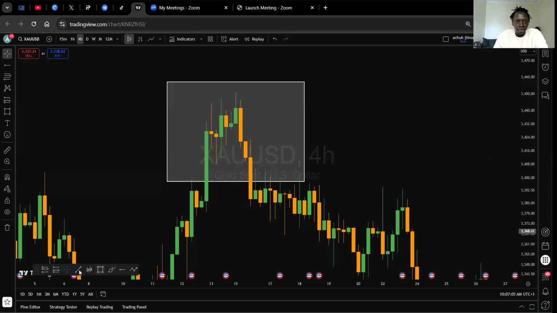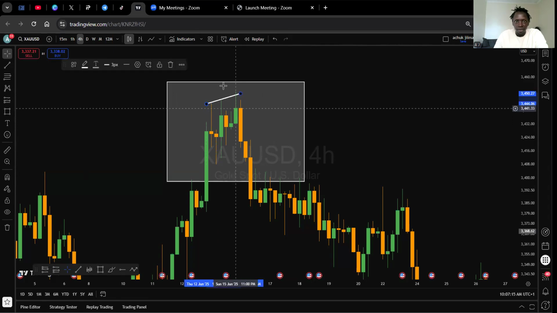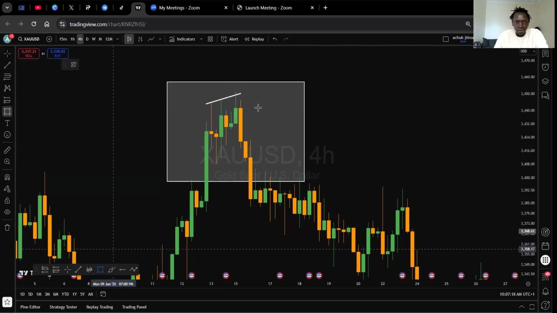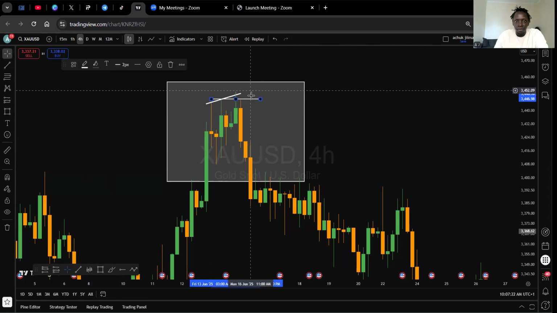So what do we see here? We see a high, and then price pulls down, another high, price pulls down, another high. So this is three touches: 1, 2, 3. Now, these three touches also form a double top because the market comes here and cannot break further up. So there is a three touch, there is a double top, and a double top is also the same as a resistance.